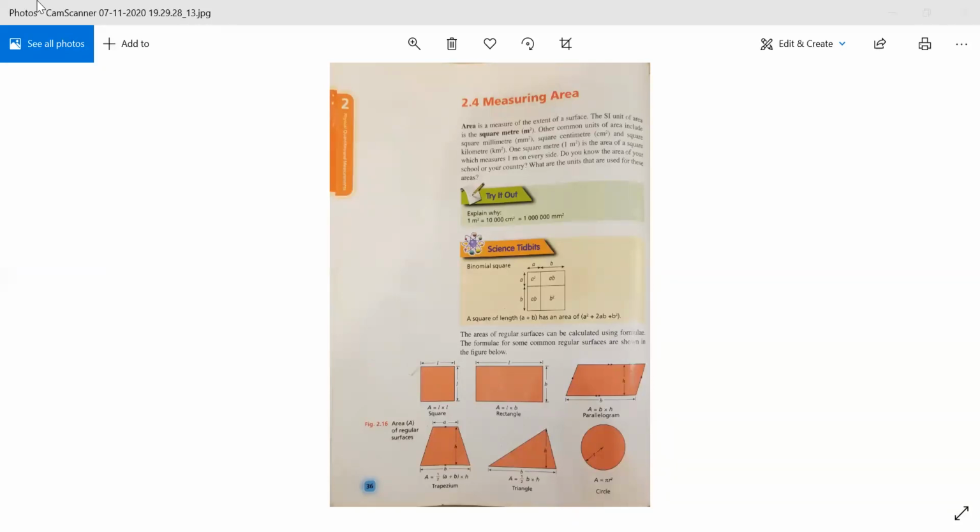If we are talking about a parallelogram, it has two different pairs of sides. We first measure the breadth and then the height of the parallelogram. When we multiply breadth with the height, we get the area of the parallelogram.